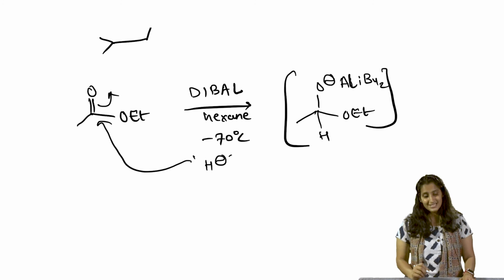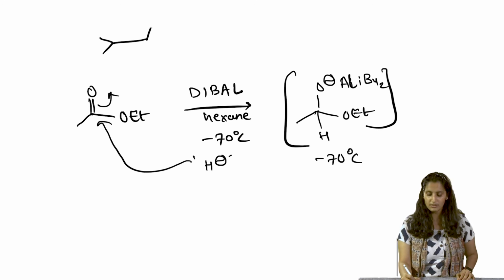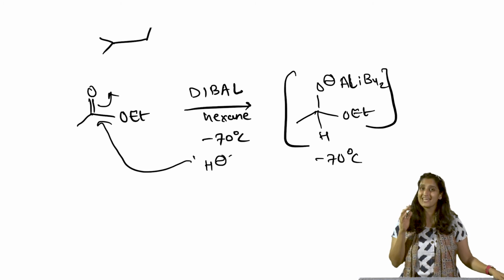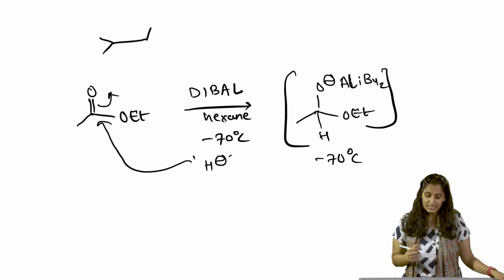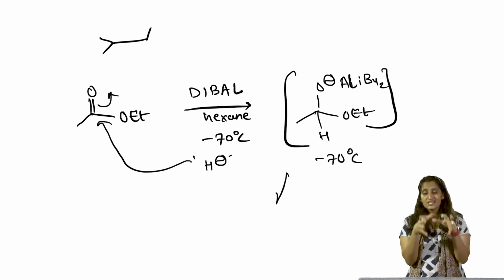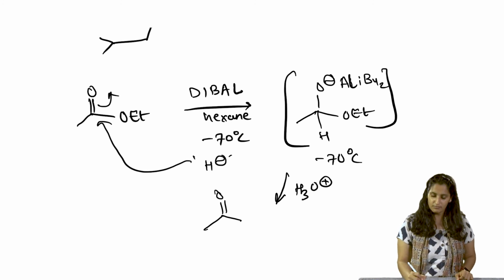Now, this is at minus 70 degrees, and because we are doing the reaction at such a low temperature, this particular tetrahedral intermediate is stable enough, and that is the reason why you can quench the reaction at that point, and when you add H3O plus to this separately later, it can form the aldehyde.